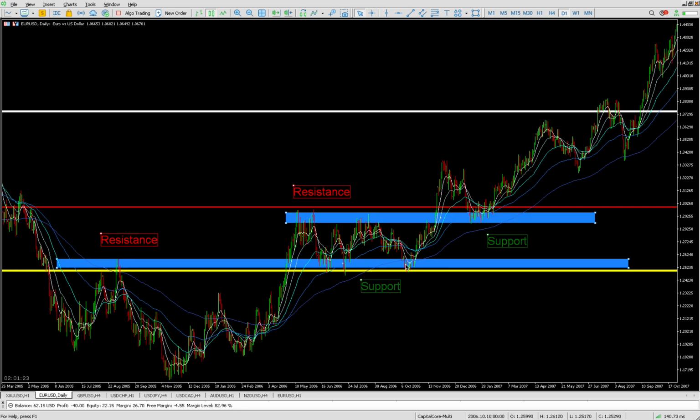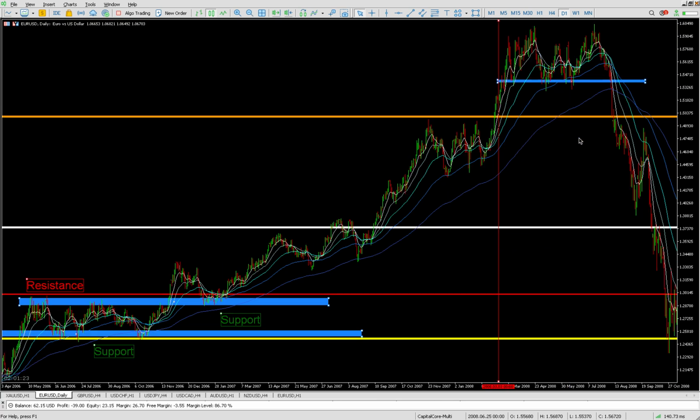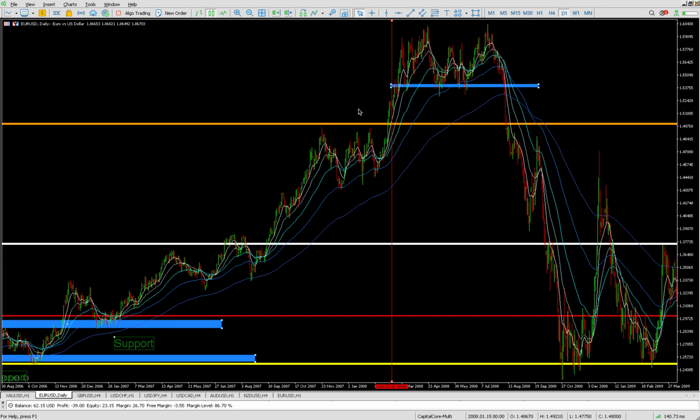And as long as this structure holds, right, you have higher highs, higher lows, higher highs, higher lows, higher highs, higher lows, and that continues and continues until we get up here, right? So what happens? Well, we get a double top, right?